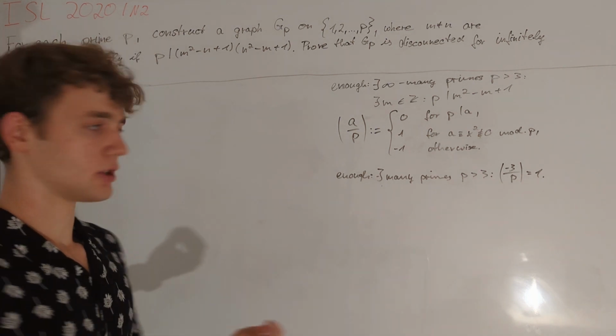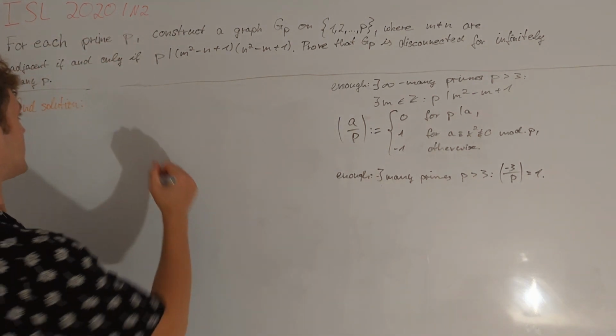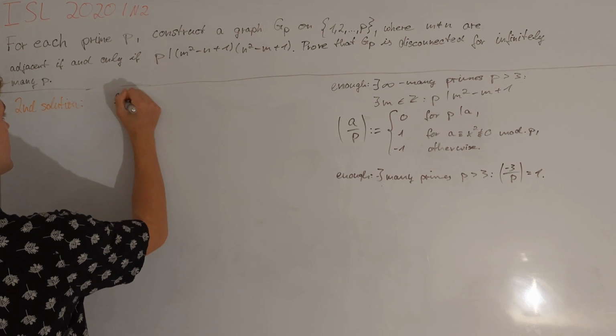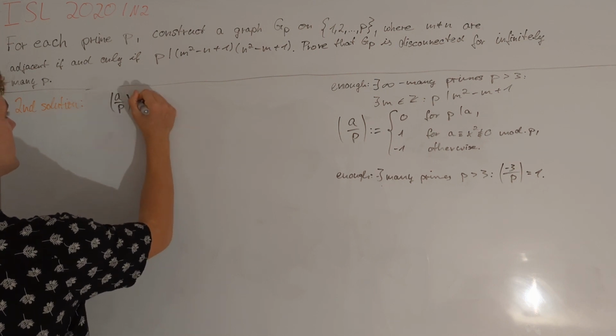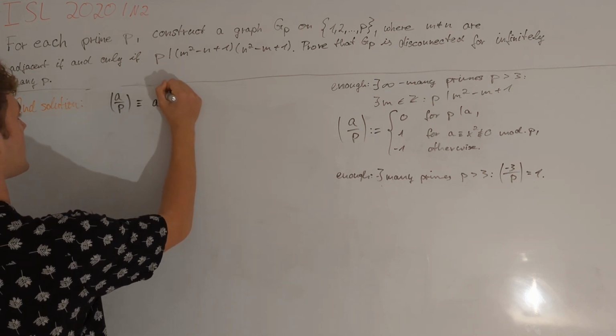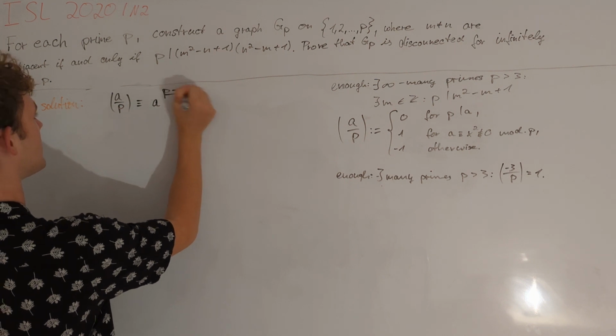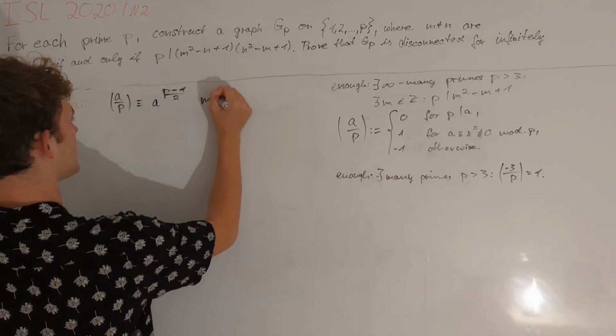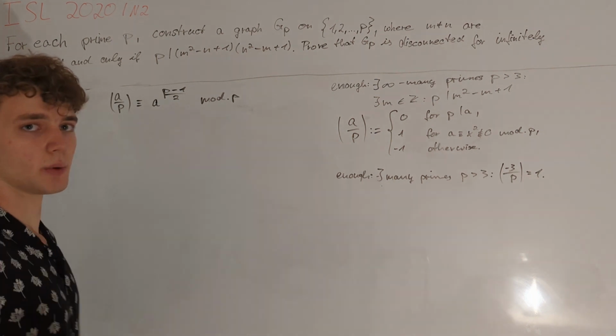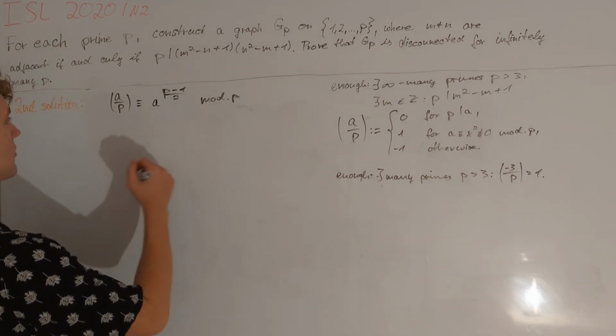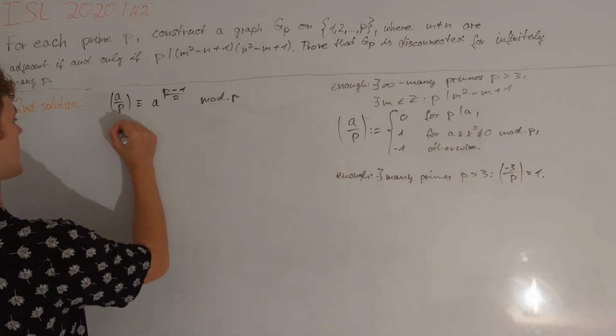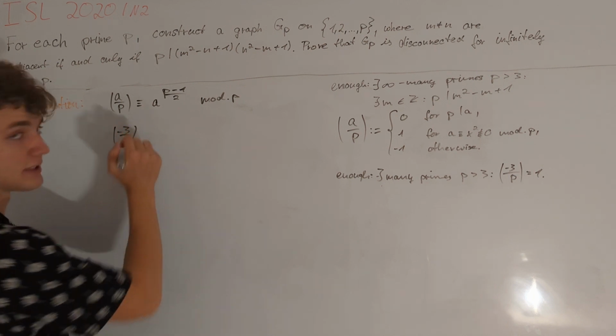Another fact, which is known as Euler's criterion, is that the Legendre symbol of a and p is congruent to a to the power of (p minus 1)/2 mod p. This we will use multiple times because now we can compute -3 over p using another statement.